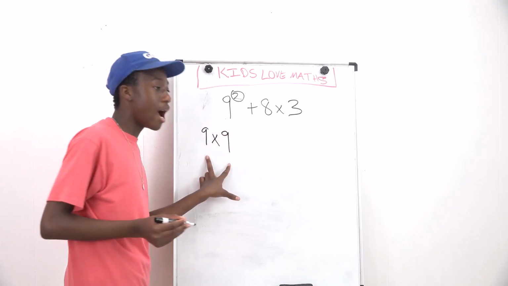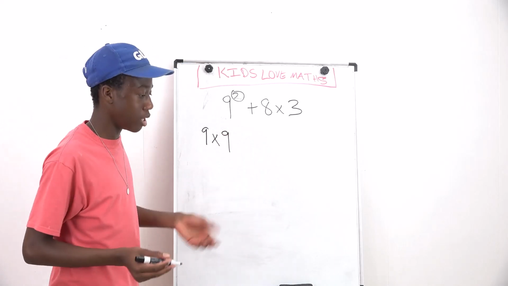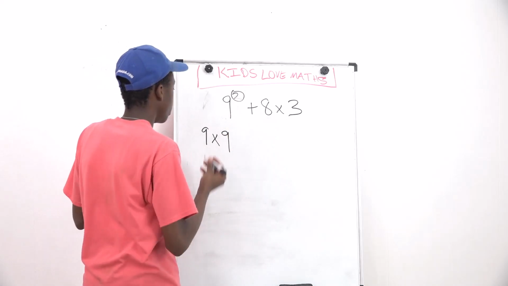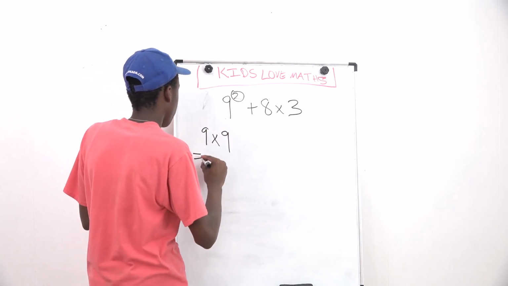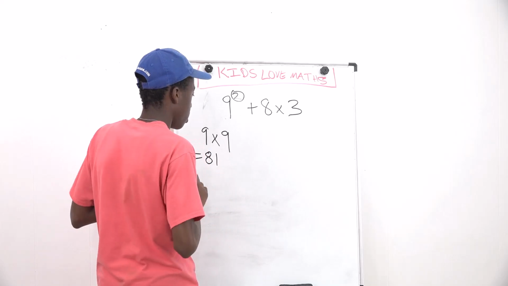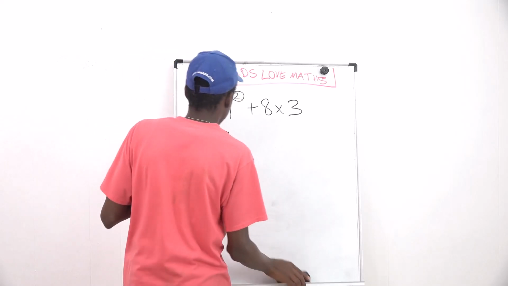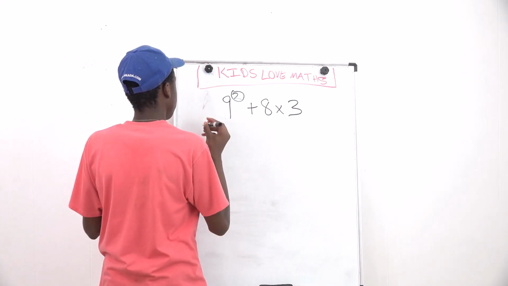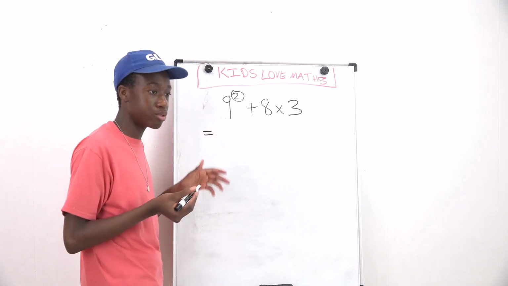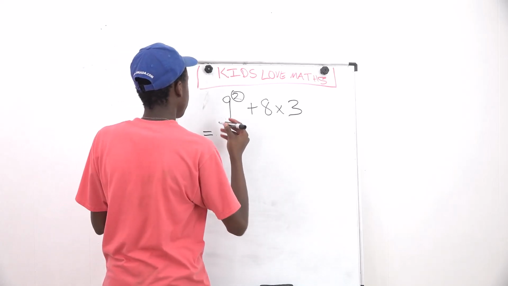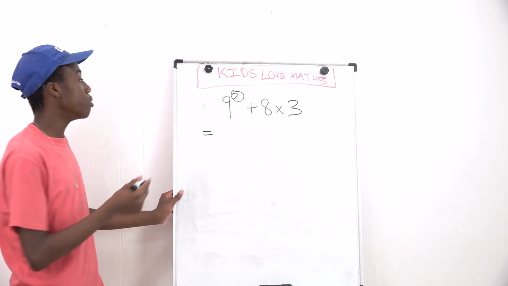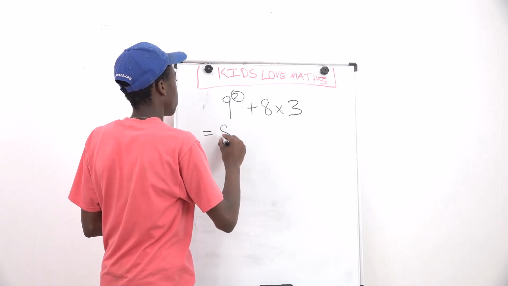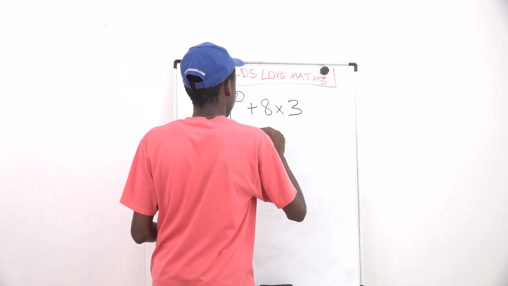So there should be 2 9s, just like doubling it. So 9 times 9 equals 81. After you bring the equation down, you can put an equal sign to show this does not count in the numeric expression. So you can do 9 raised to the power of 2 equals 81. And then you do the rest of the equation.